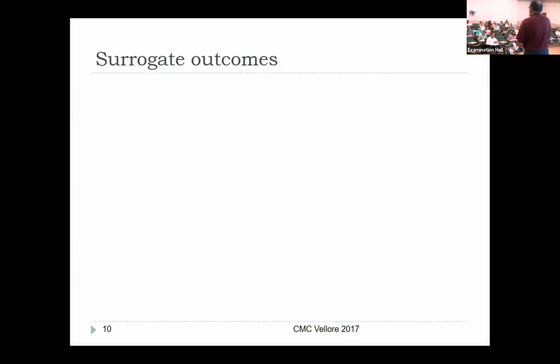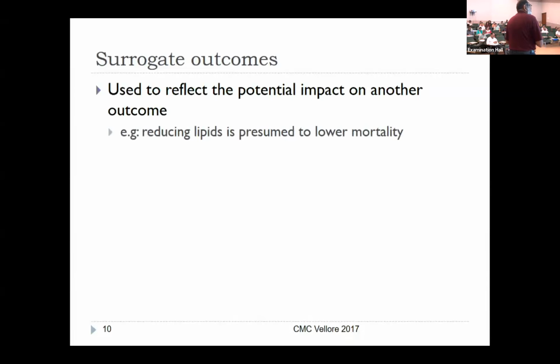Why? Because it makes the study feasible. Because I can measure it earlier, I can obtain it, and it reflects the potential impact on another outcome. So reducing cholesterol, we presume, will lower mortality due to heart attacks because it has been shown that it is a strong risk factor.